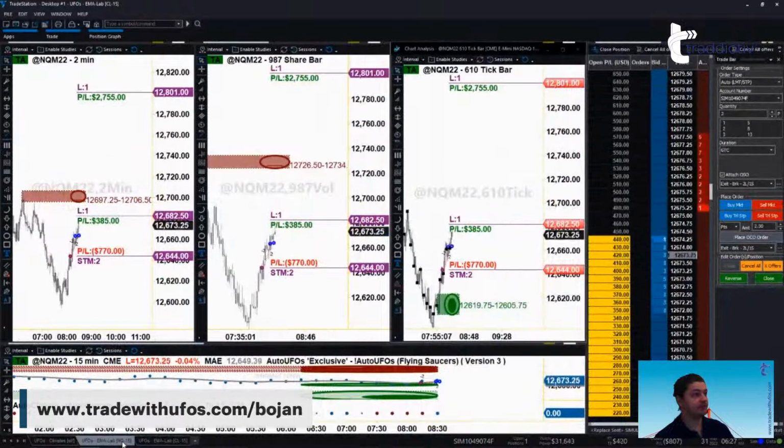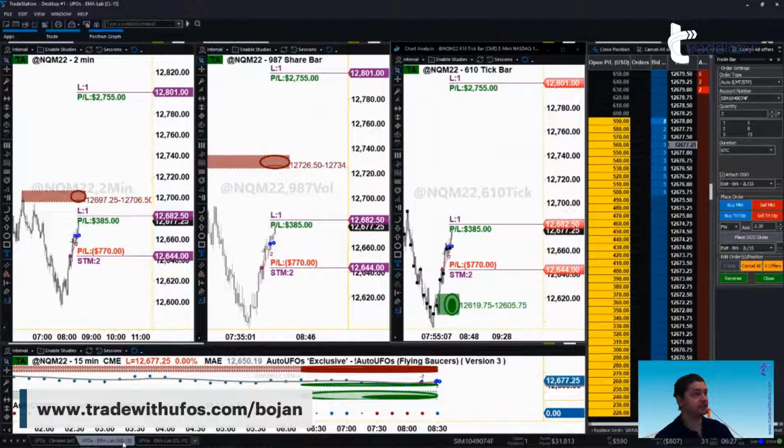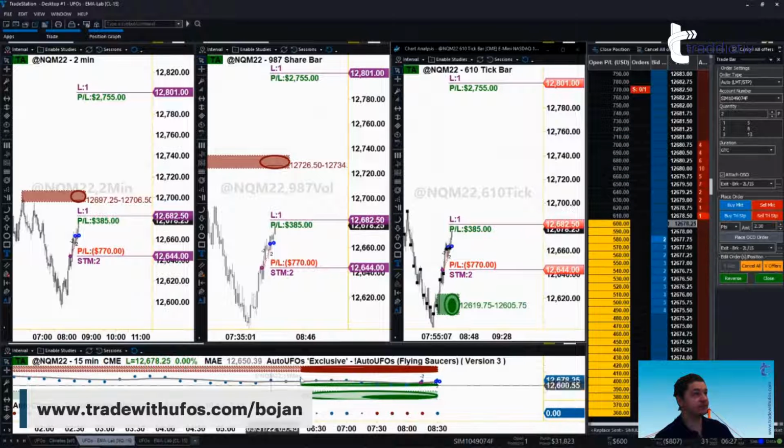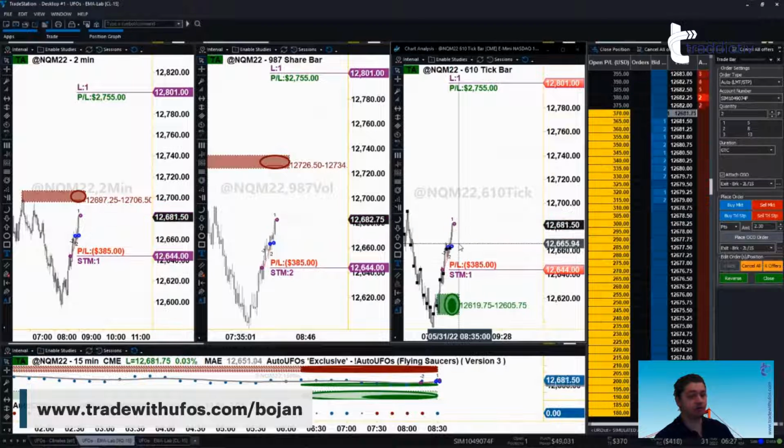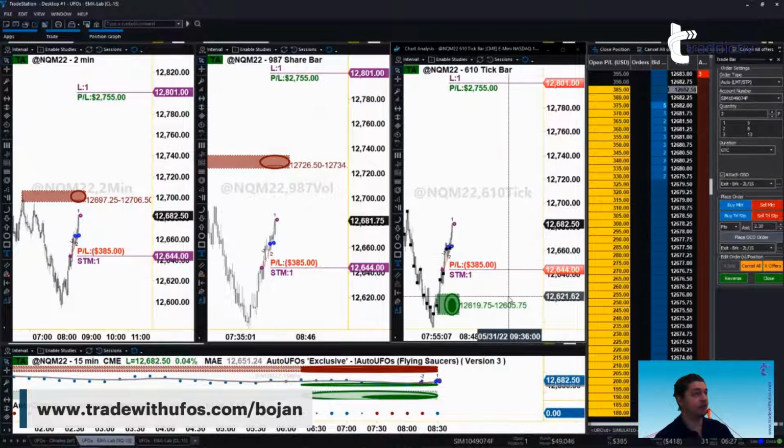Okay, well, looks like that's moving away from us, and this looking like it's gonna hit that T1. Come on. The best case scenario is to have T1 right before the open. There you go. We got T1.